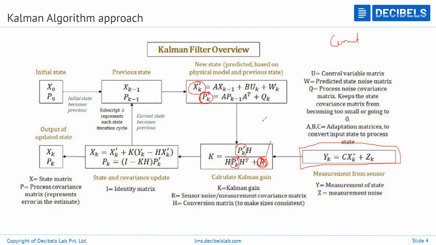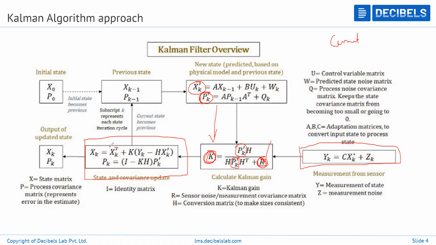So once you have all these inputs, you will get the Kalman gain. If you come back over here, once you know the Kalman gain value, you can go to the state update. Here it is the state update, and this is the equation.